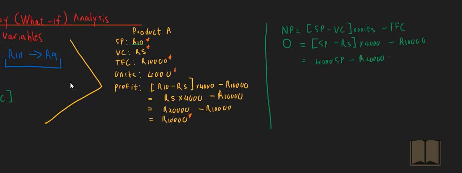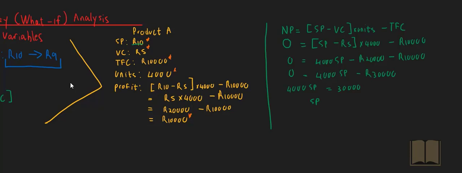That's your total variable cost, and your total fixed cost remains the same at 10,000 Rand. So 4,000 times P minus 30,000 Rand is supposed to give us a net profit of 0. 4,000 times P is equal to 30,000 Rand.